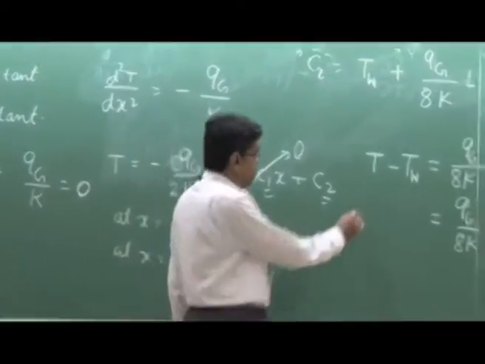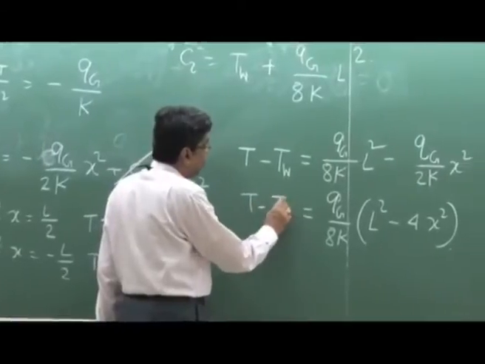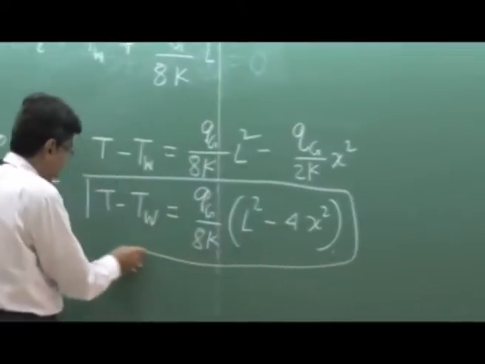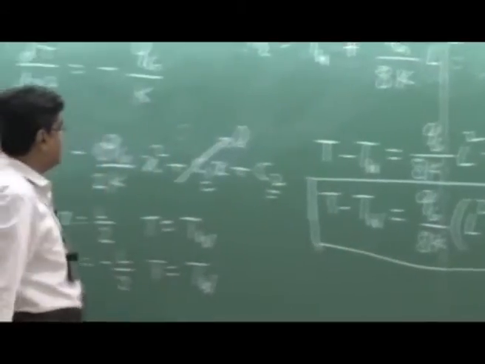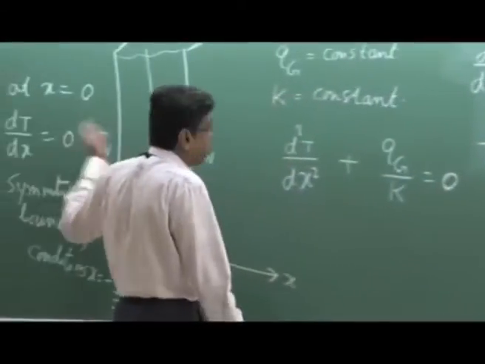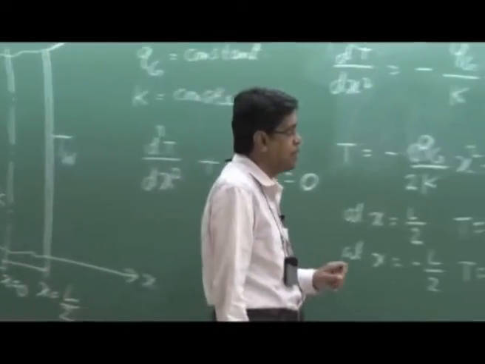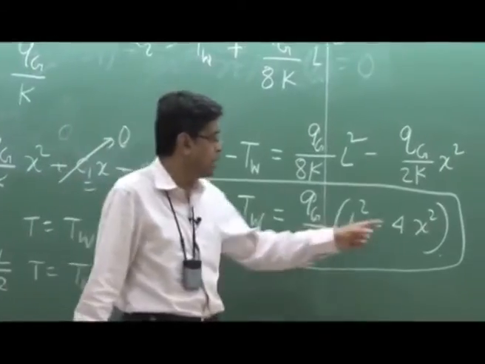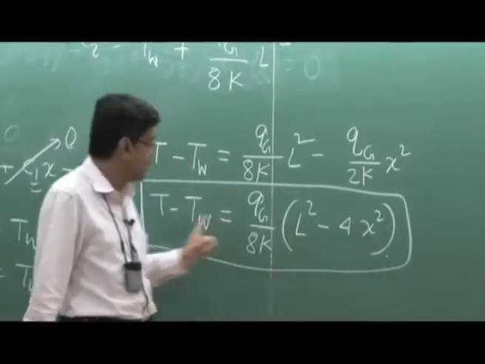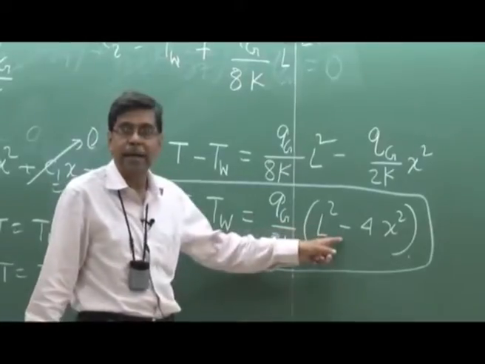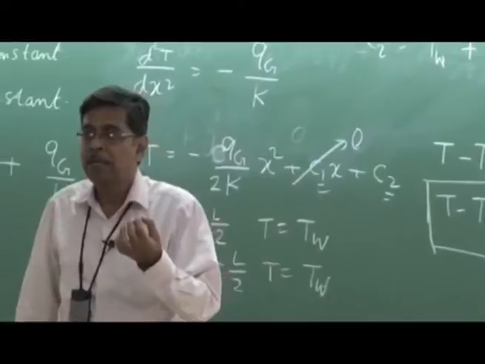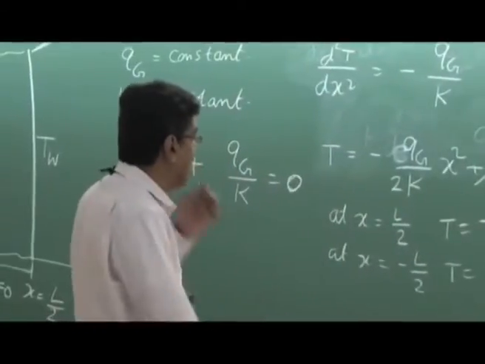So this is precisely the temperature distribution within the rod. When we have neglected C1, it means we have taken the symmetry boundary condition dT/dx equal to 0 at x equal to 0. You will see dT/dx is 0 when x is 0, and the second derivative is negative, which means the temperature attains its maximum value because of the internal thermal energy generation at the axis.